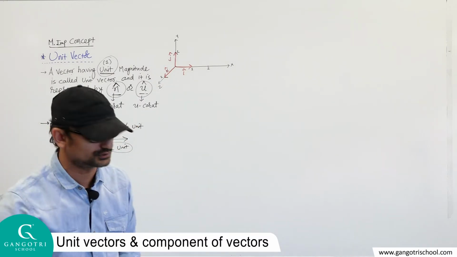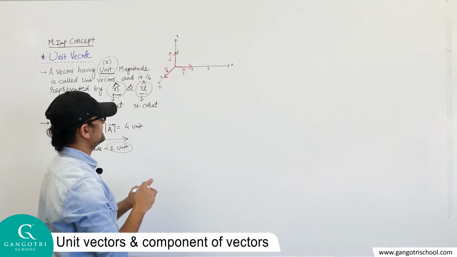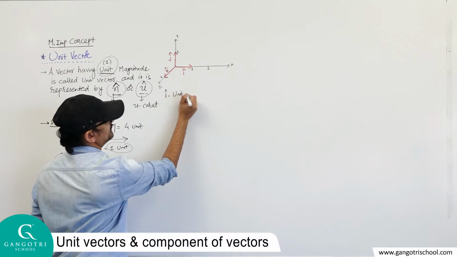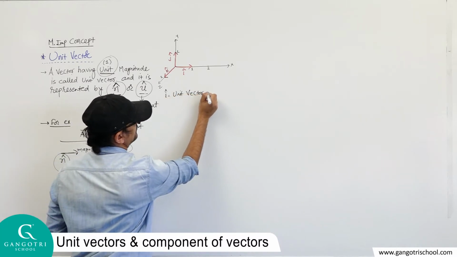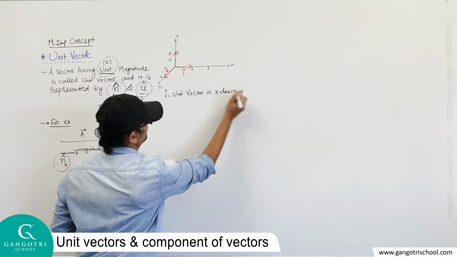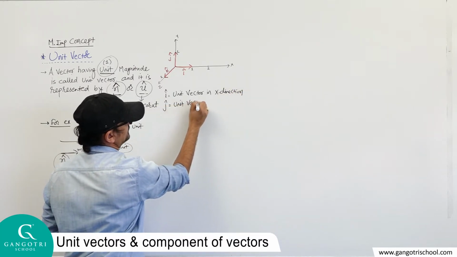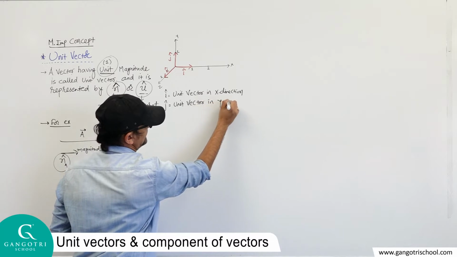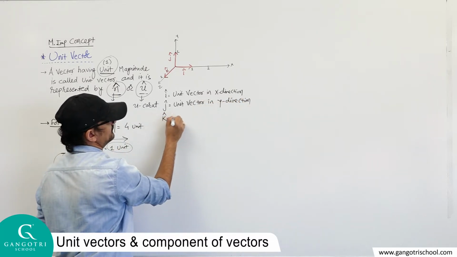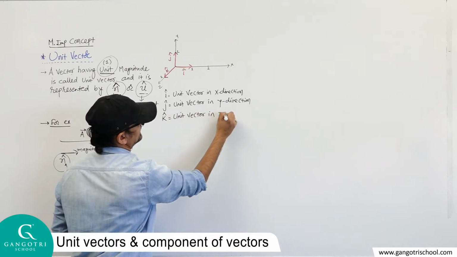In 12th science also remember i caret, j caret, k caret. i caret is a unit vector in x direction, j caret is a unit vector in y direction, and k caret is a unit vector in z direction.